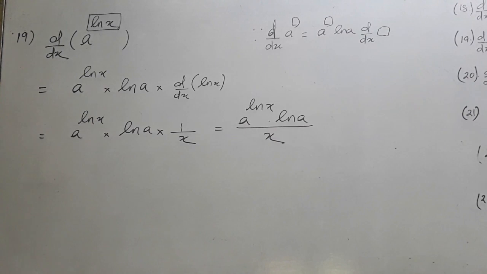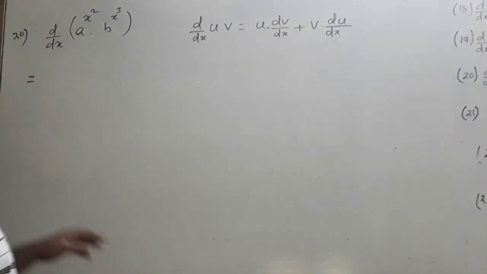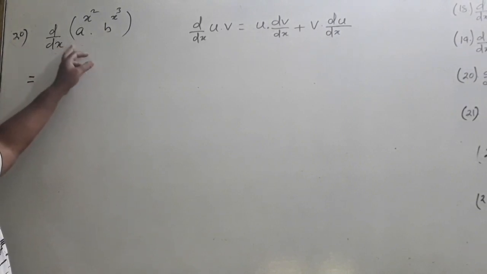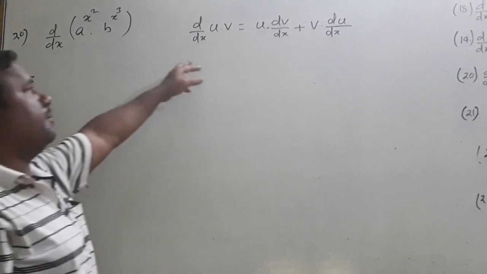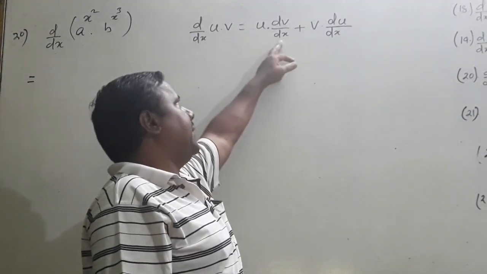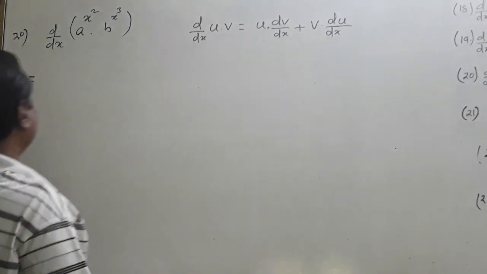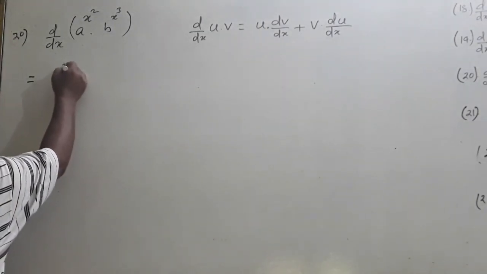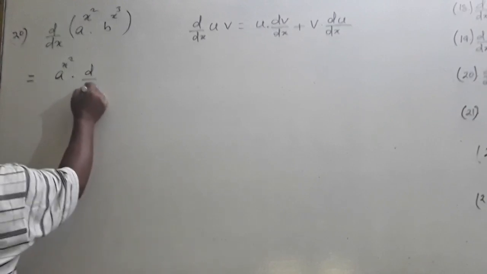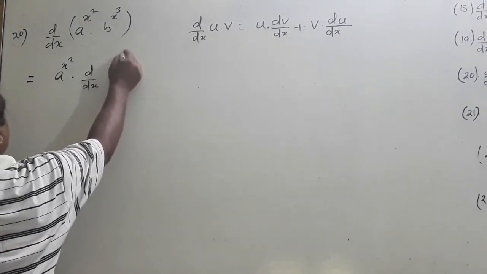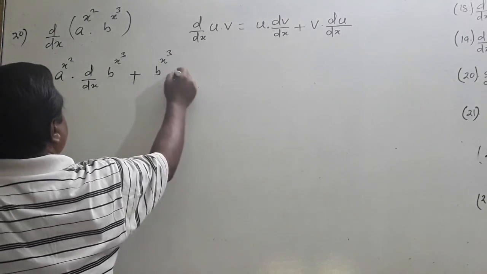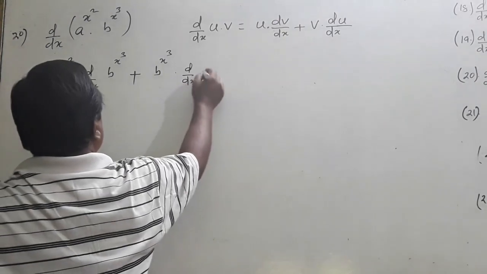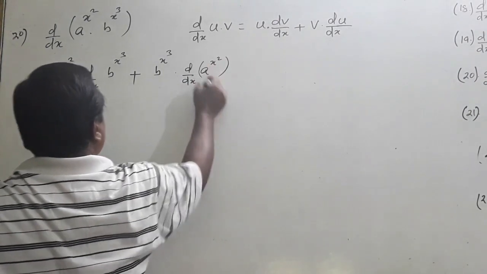Now I am going to solve number 20. Now d by dx of a to the power x square into b to the power x cube. So we know the product rule, u into derivative of v plus v into derivative of u. What you will do here? A to the power x square keeping outside, taking derivative of b to the power x cube, plus b to the power x cube keeping outside, taking derivative of a to the power x square.